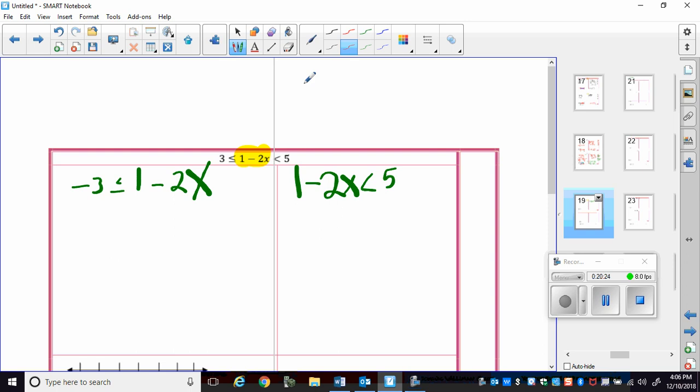Now I'm going to combine like terms, subtract 1 on both sides of that symbol. Draw my line underneath, I get negative 4 is less than or equal to negative 2x. Then I divide both sides by negative 2.